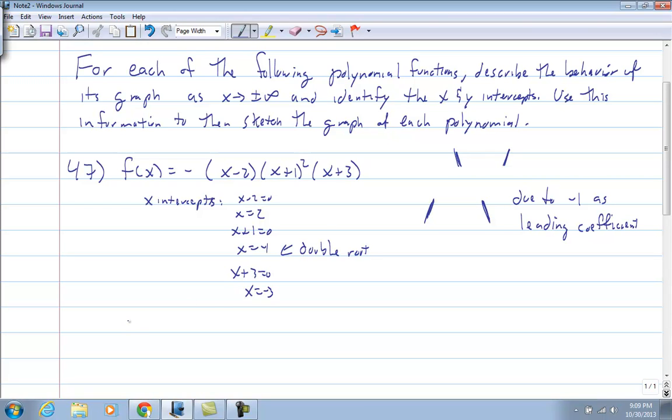As far as y-intercepts go, that's where x is 0, so f of 0 is negative of 0 minus 2 times 0 plus 1 squared times 0 plus 3. That's going to be -2 times, I forgot the negative out front.